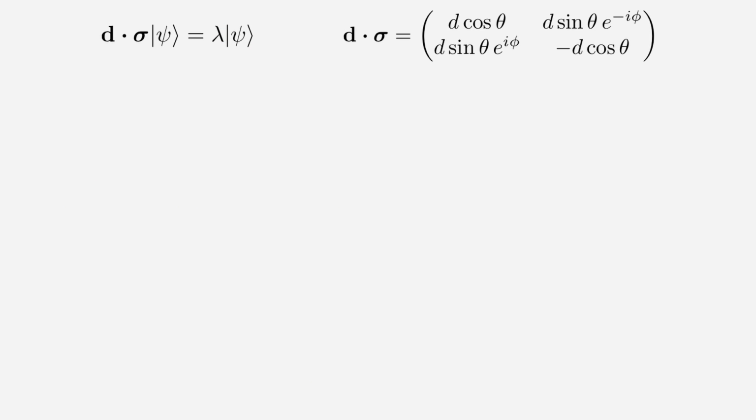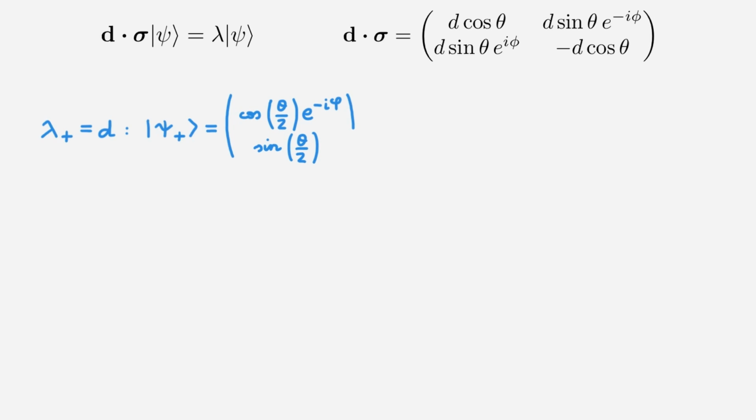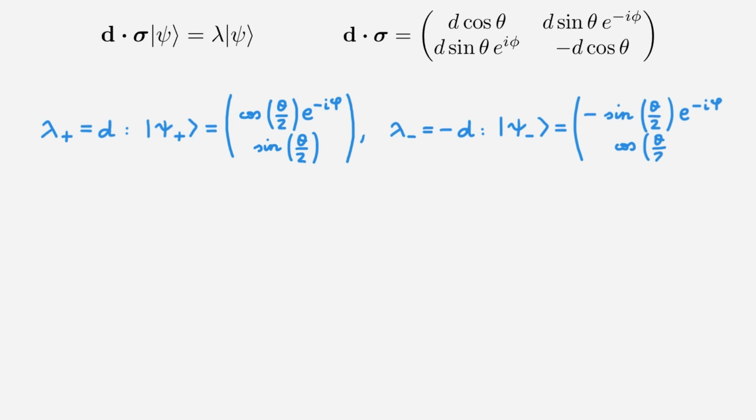So, we've just found that for the eigenvalue lambda plus, the corresponding eigenstate takes this form. We could repeat the same exercise to determine the eigenstate associated with the eigenvalue lambda minus. I won't go over the derivation in detail, but I recommend that you give it a go as it is good practice. You should find that in this case, the eigenstate is given by this expression. Great.